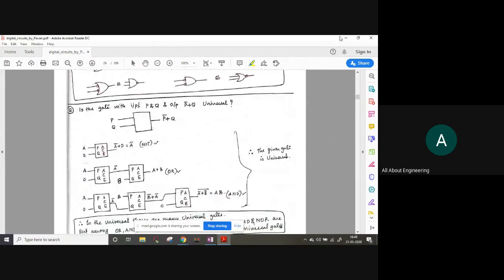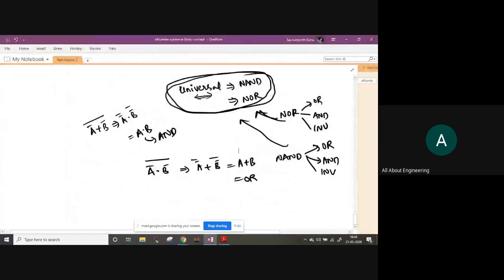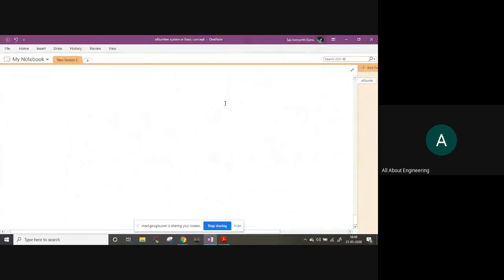Now P bar plus Q. Yeah, so you focus on these things. P bar plus Q. See, what the point is, if there is a black box, and my inputs to the black box are P and Q, and the output from this black box is P bar plus Q. Don't bother about what gates or what different functionalities we are using in this box.